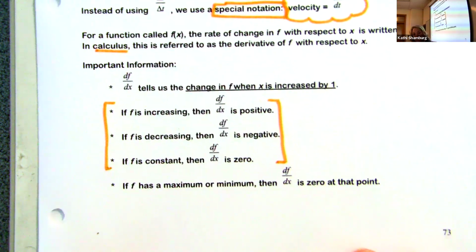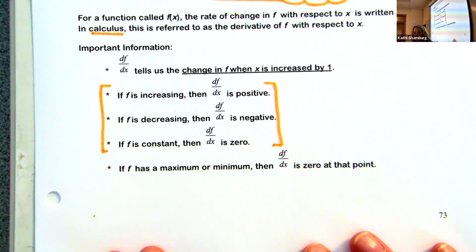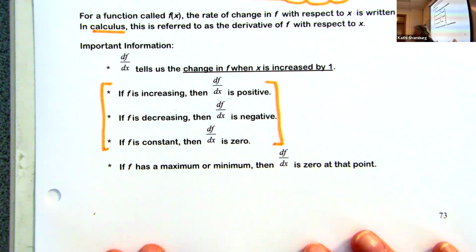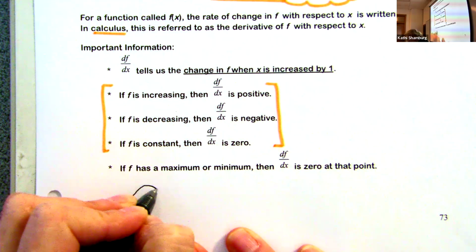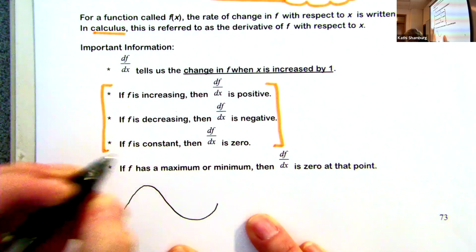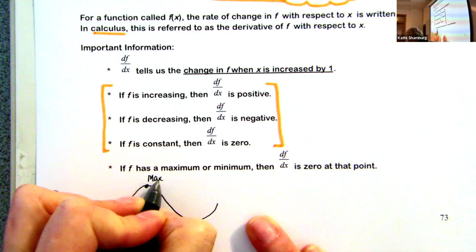Now, this last bullet point says if the function has a maximum or a minimum, then the df dx or the velocity is 0 at that point. So we've talked about if we have a function like this, the top of the hill would be your max.